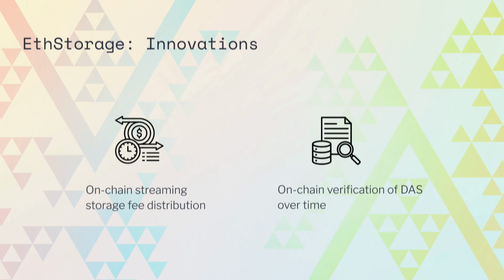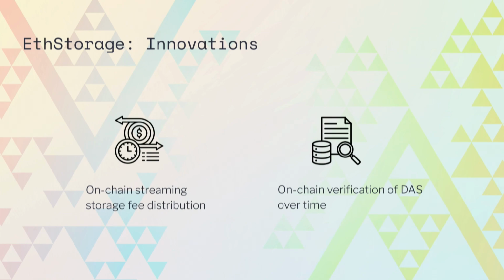All the storage fee, for example for the SSTORE, is distributed to the proposer at one time, while for all other nodes and validators, there's no incentive or penalty to store the data. So there's a huge misalignment between the cost and the incentive.